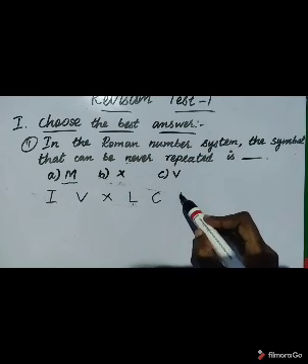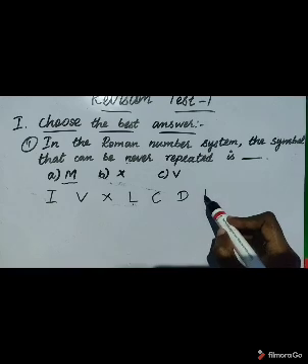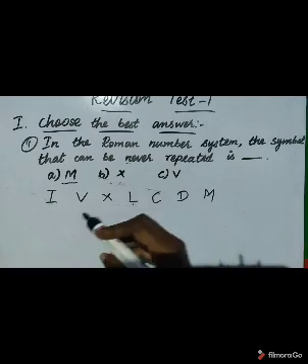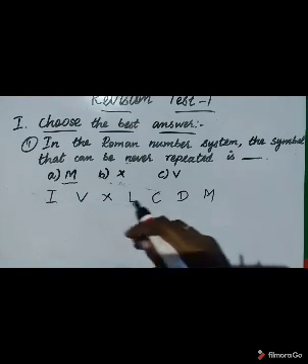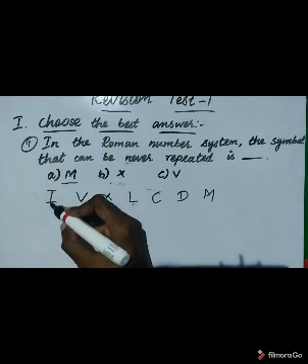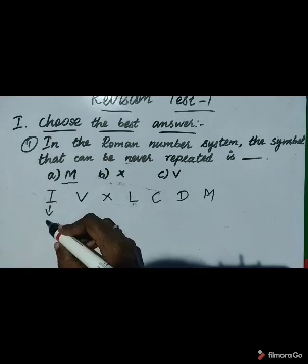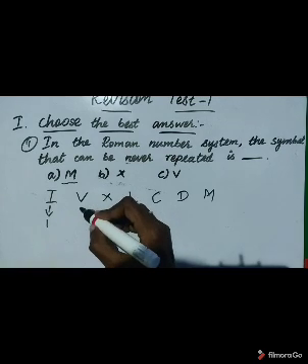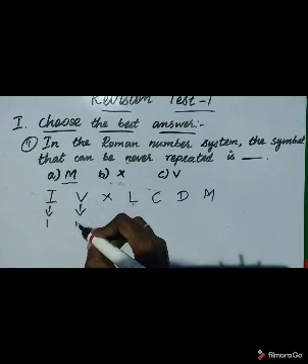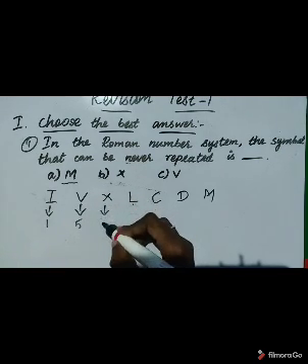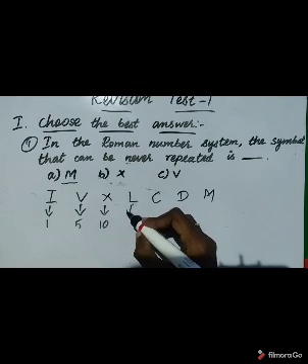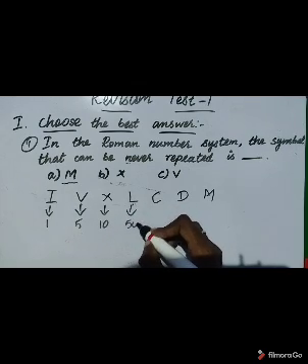If you know this one, you will be able to easily recognize. So I will write the Hindu Arabic numbers also. This is 1 and this is 5, this is 10 and this is 50, this is 100 and this is 500, this is 1000.